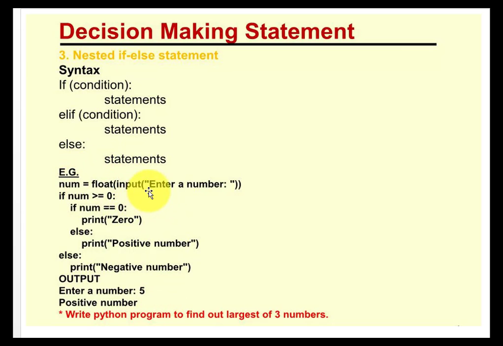You try to change to different numbers, and you input different numbers into your program and you will get different outputs. So try to input a positive number, a negative number, or 0, and write the output according to your input. I think you all understood that statement. This is the nested if else. Its syntax is important.